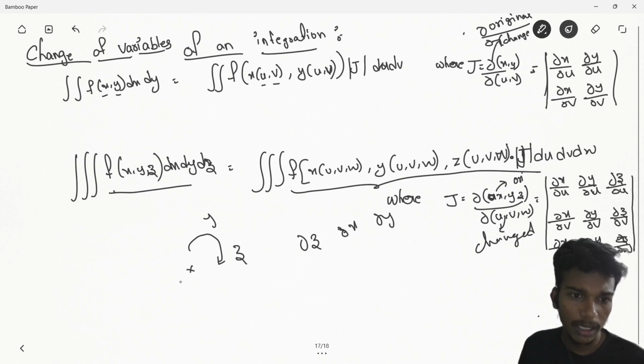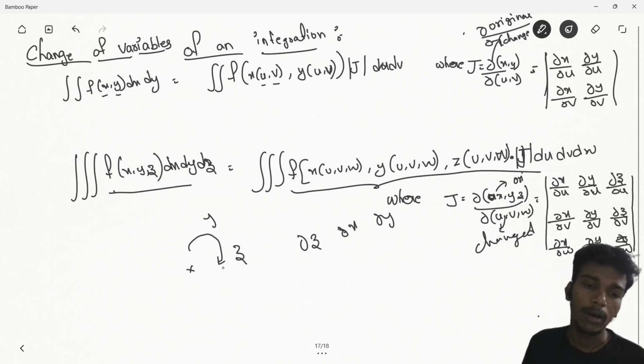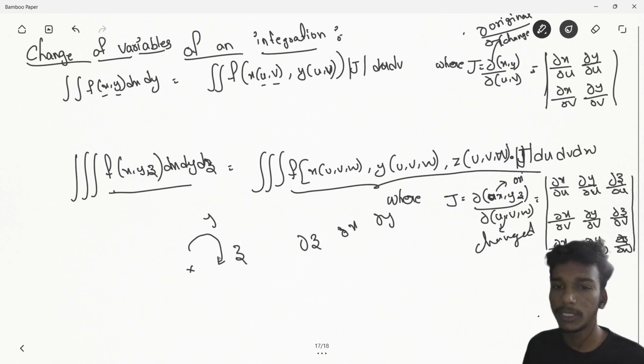If you consider z, x, y, it's also no problem. Y, z, x, it's also no problem. As far as you are in clockwise rotation of this coordinate system, it's going to be the same thing. If you are going to change the order of rotation, then we have to change the derivative terms also, that we have to keep in mind. Just take care of all these things.